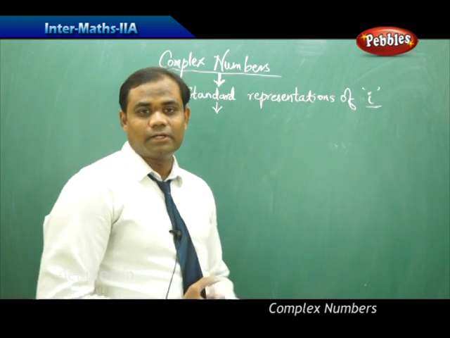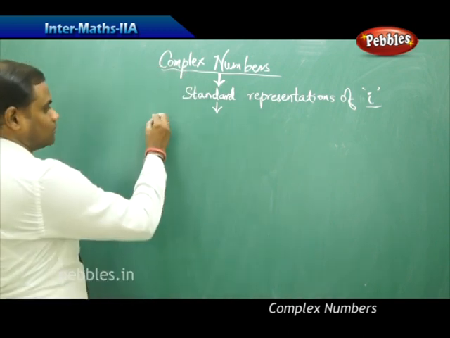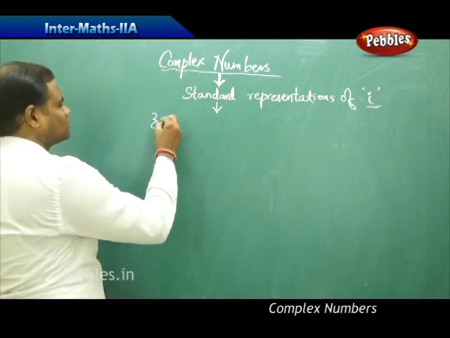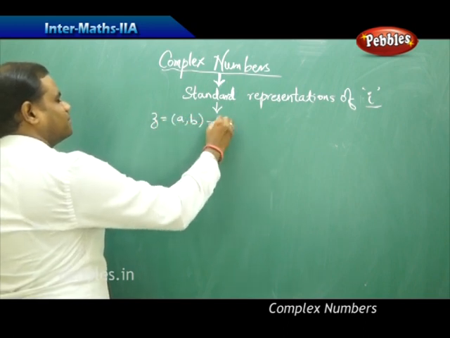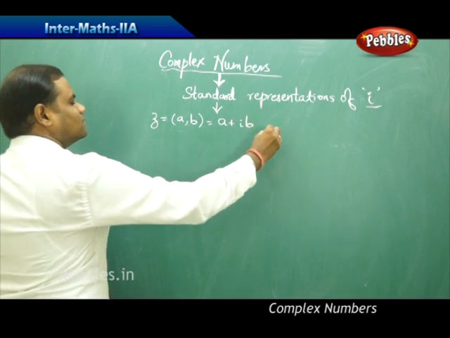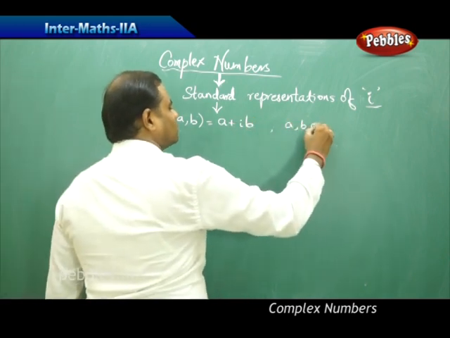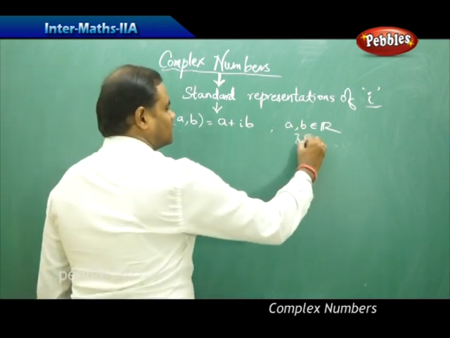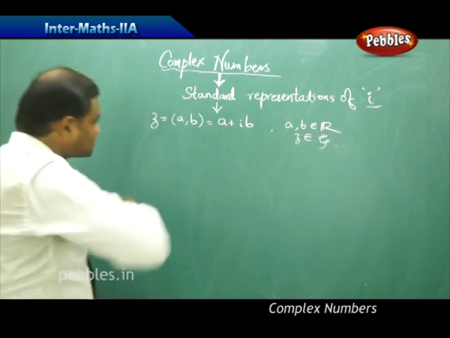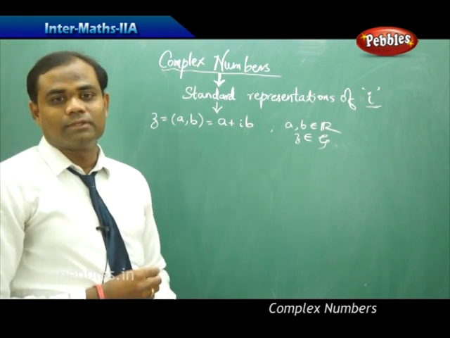To revisit, a complex number z belonging to C can be written in the form a plus ib, such that a and b belong to R. Every complex number is defined in this way.